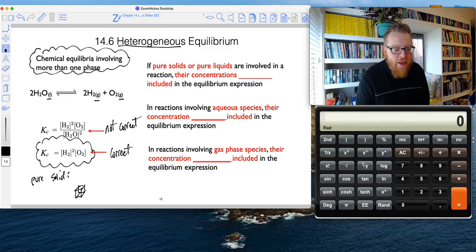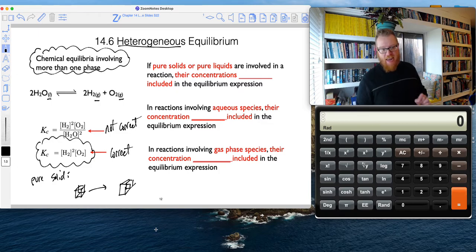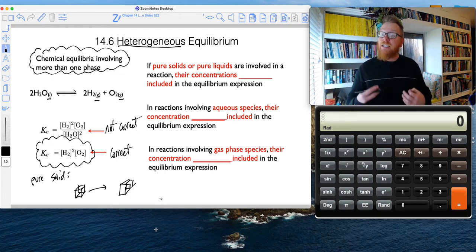Now if some of this reacts, there's going to be a little missing chunk, like a little bite that's been taken out of it. That means for that pure solid, its mass has been reduced, but also its volume has been reduced. So it actually has not changed in concentration.